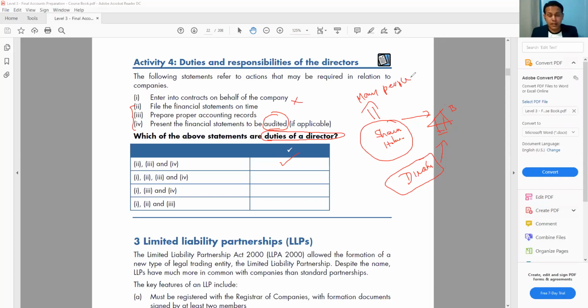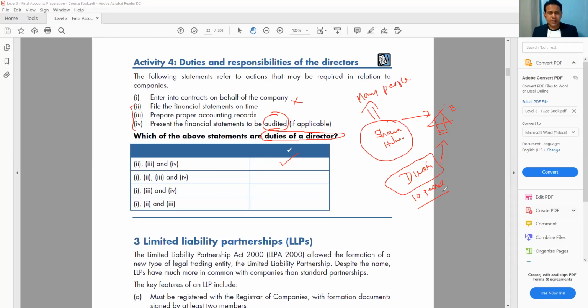Let's say if it is a public limited company, there will be thousands of shareholders who are the actual owners of the business. If you talk about Sainsbury or Tesco, they have thousands of shareholders. In the board of directors, there may be only 10 or 20 people who take the decisions to run the company. Directors are not the actual owners of the business, they just run the company.